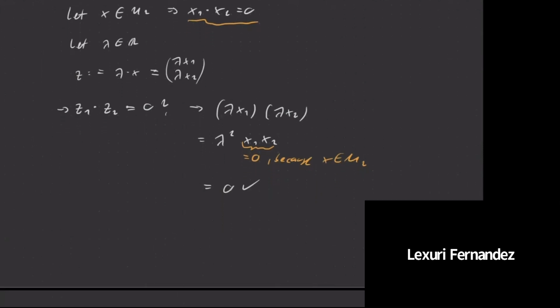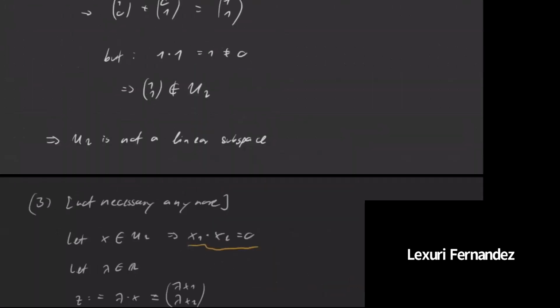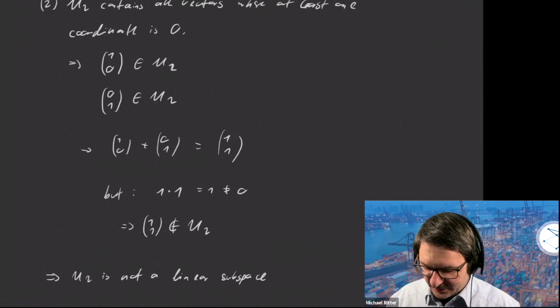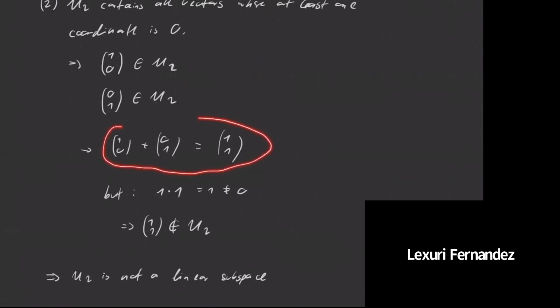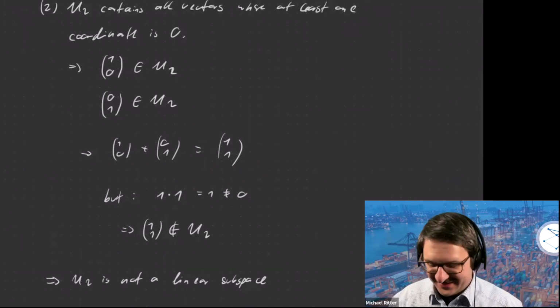Okay, then there is one student who asked why did he calculate 1, 0 plus 0, 1? You probably refer to this one here. Yeah. So what I did there is I found a counterexample.